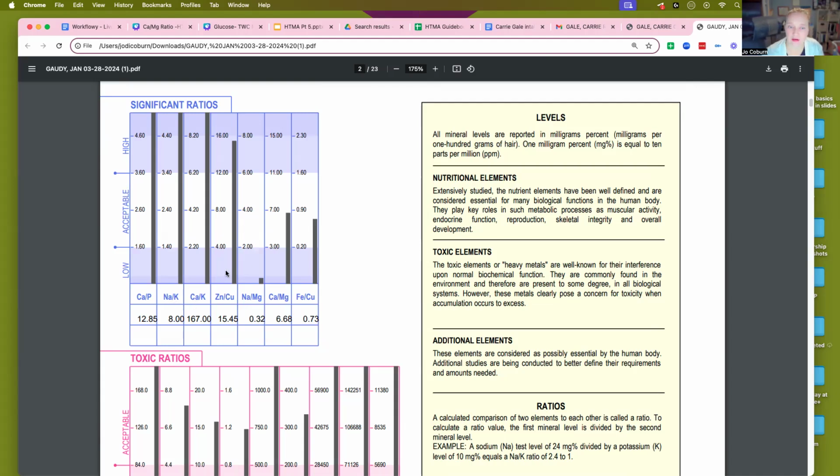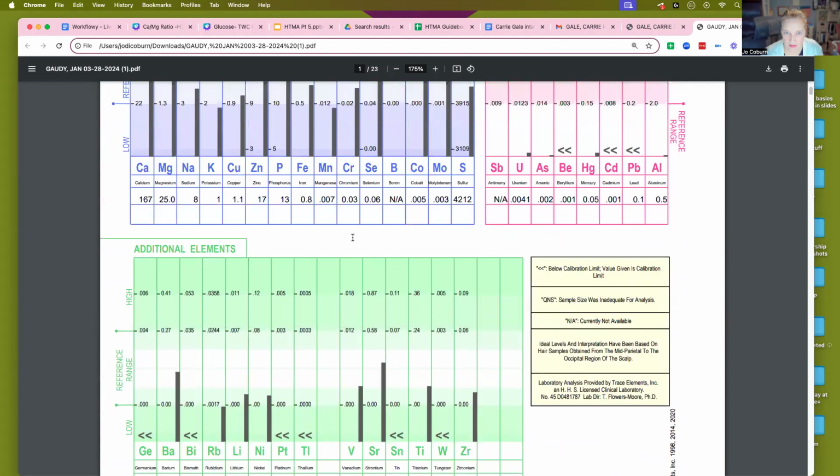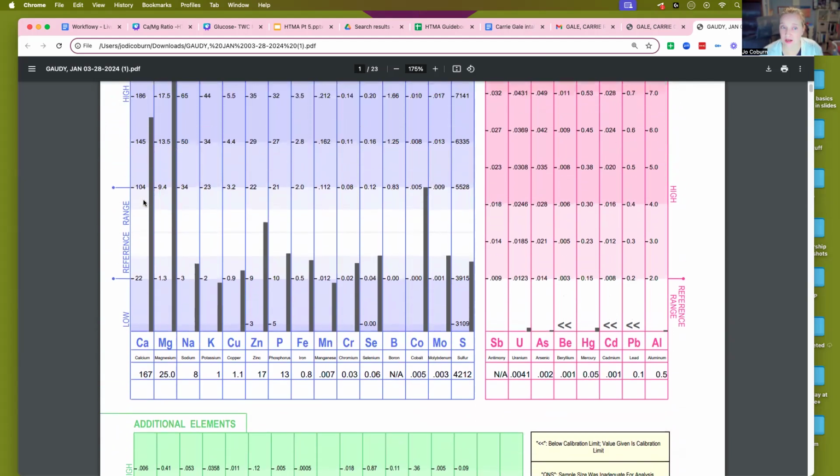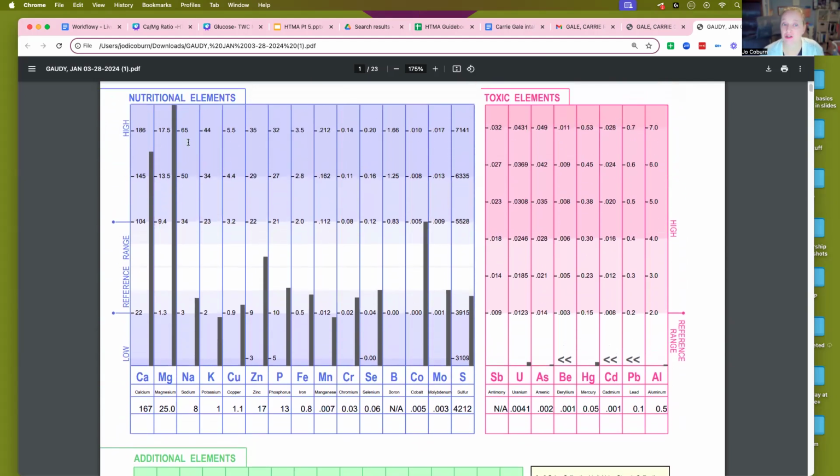Her potassium was 1, right? So this is definitely not a good situation. She does not have calcium where it should be. She has a huge magnesium loss. So even though she has these two that are super, super high, the actual bioavailable calcium and magnesium are probably down here to match the sodium and potassium.